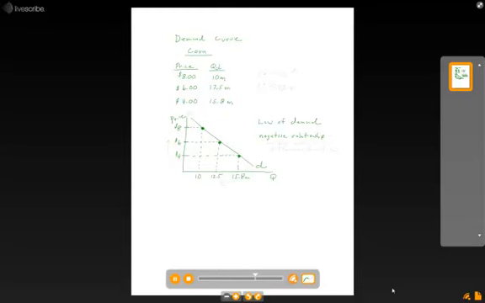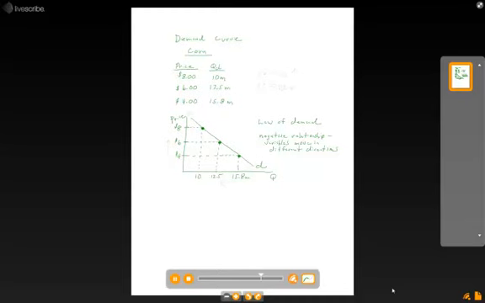What that means is that the variables, in this case price and quantity, move in different directions.